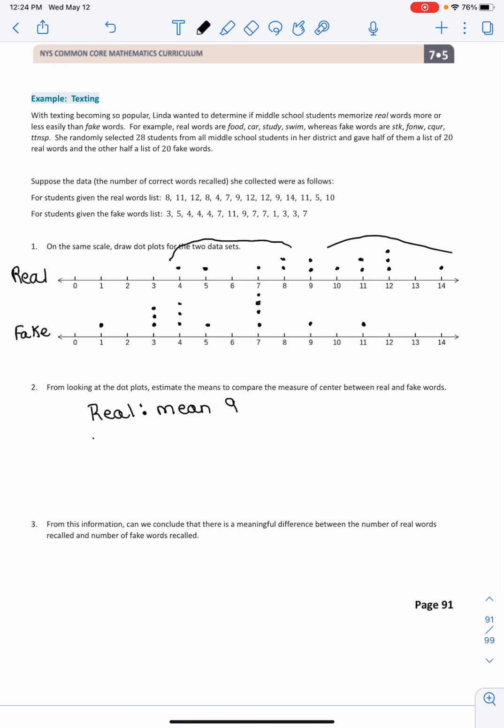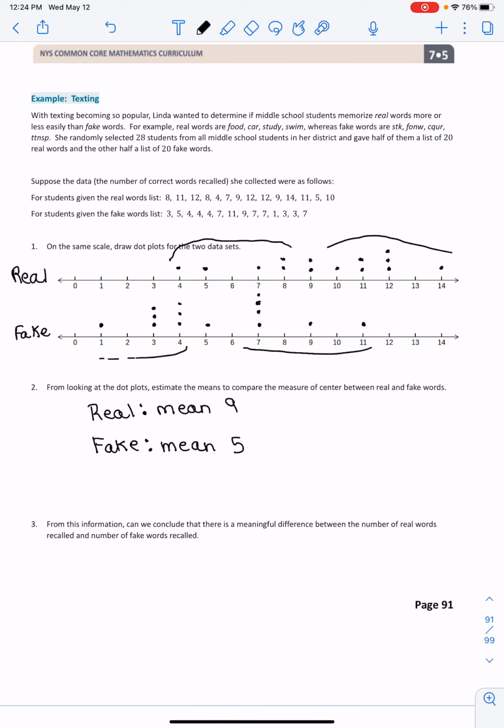For the fake words, if I do that same thing, half of these are here, half of them are here, I'm going to estimate the mean to be 5.